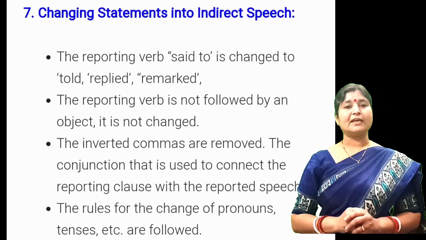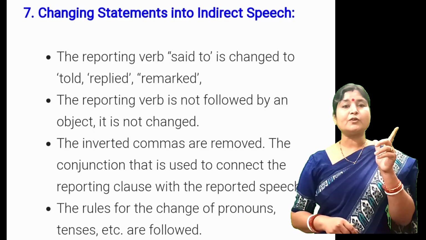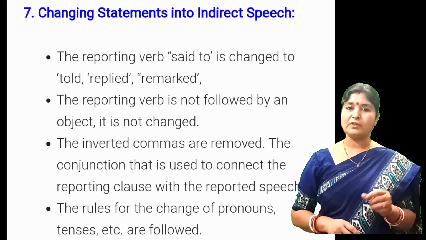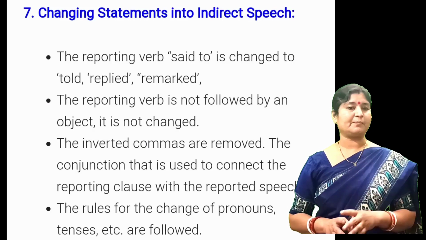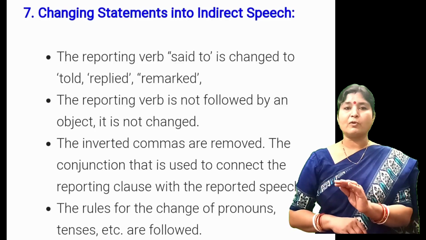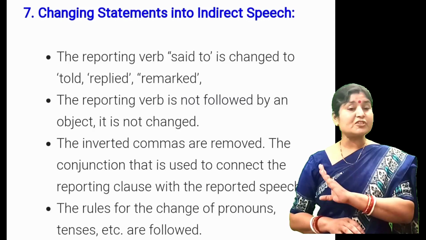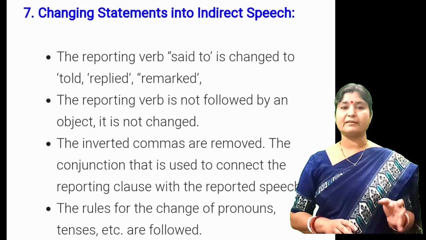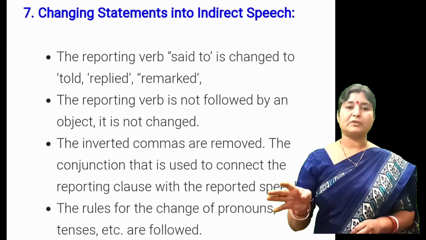The first one, the reporting verb. The reporting verb said to is changed to told, replied or remarked. The reporting verb is not followed by an object if it is not changed. Third, the inverted commas are removed.